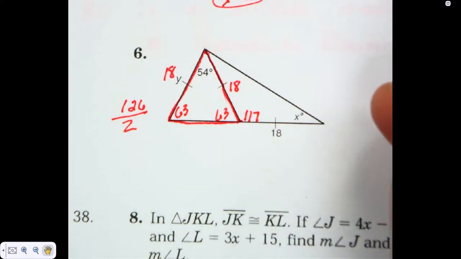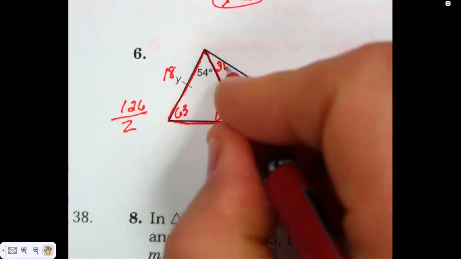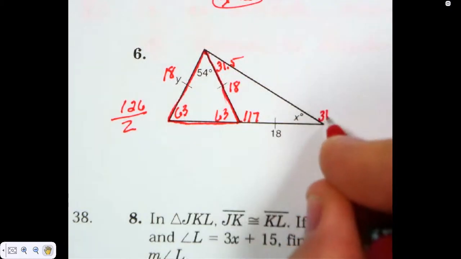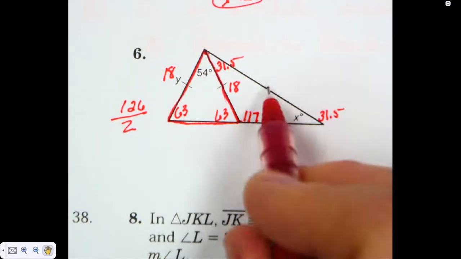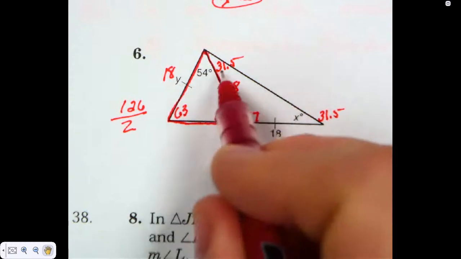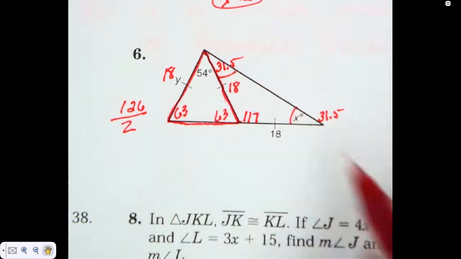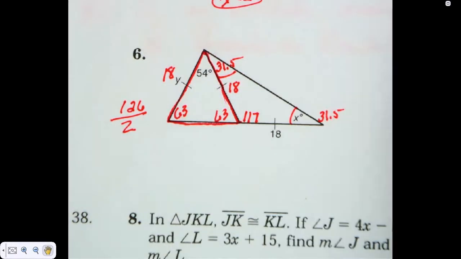Well, good. I can just look up to the one I did before. What's that make this one? 31.5. And this one what? Because there's 63 left, right? Good. And since these are congruent, since this is an isosceles triangle, right? Okay there?